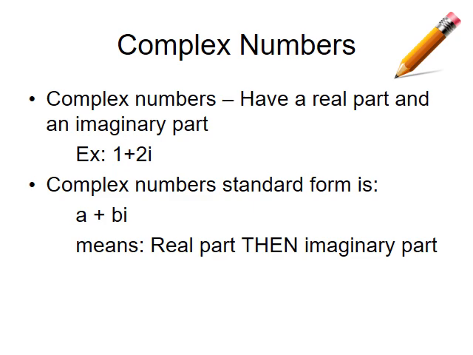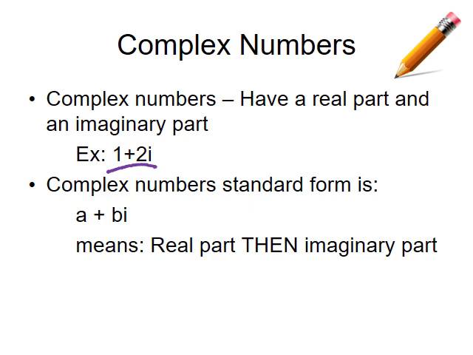Let's explore complex numbers. In complex numbers, you have a real part and an imaginary part. So for example, this is a complex number. I have a 1 plus a 2i. Complex numbers need to be written in standard form.